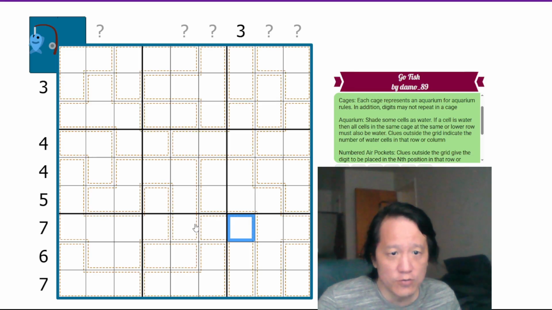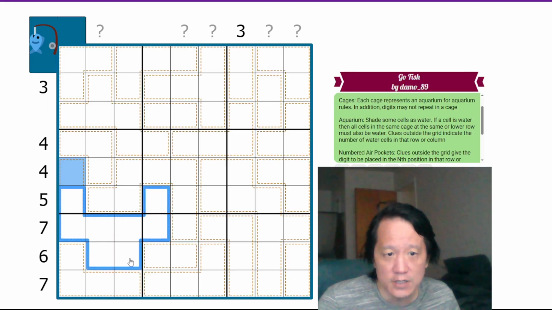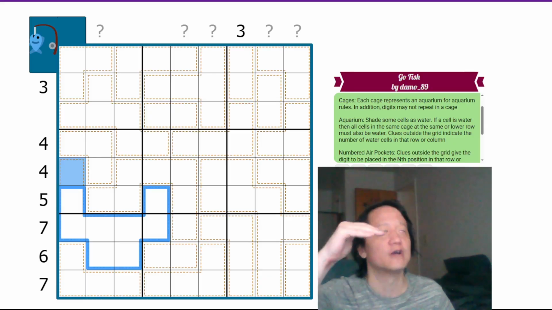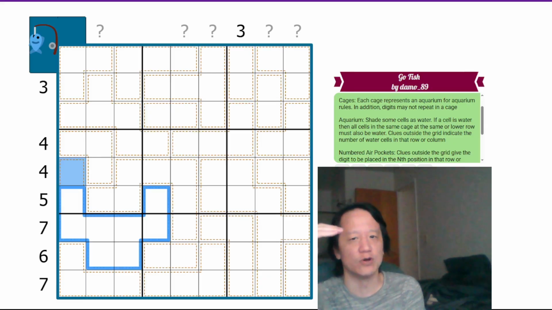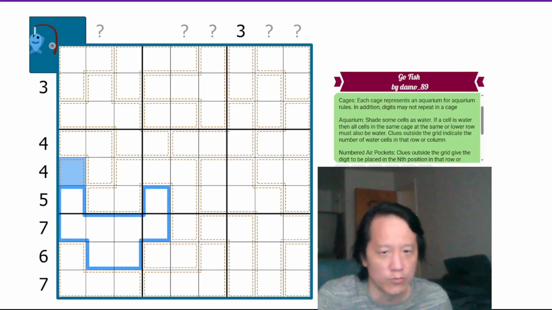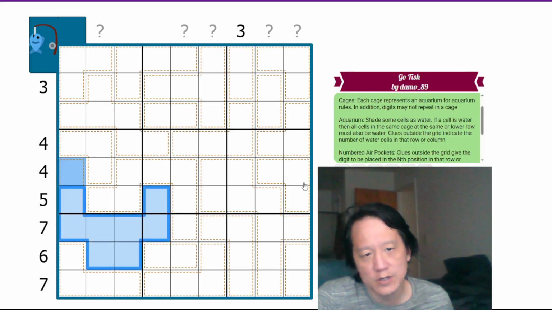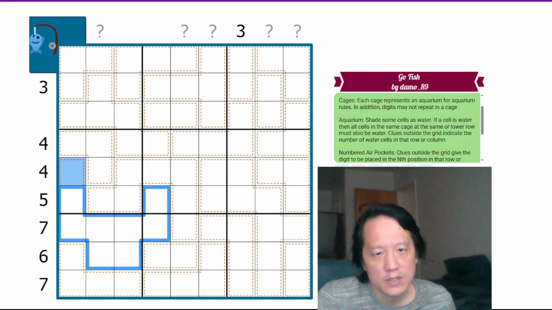So for example, if this were water, all the other cells that are in the same row or lower row must be water. So if this were water, all of these cells would also have to be water in the same cage.